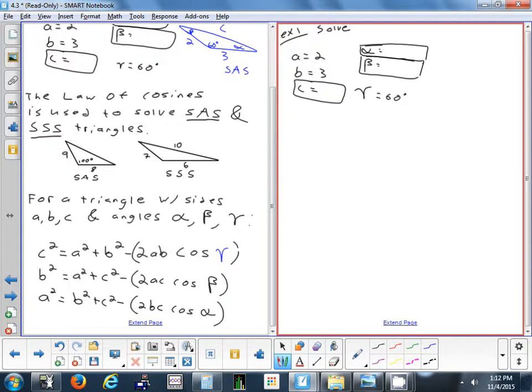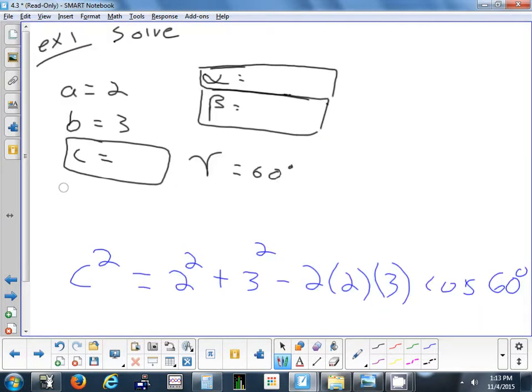Fill in everything you know. C squared we don't know. A squared, B squared, minus 2 AB cosine gamma. That's it. Now we just do it out.